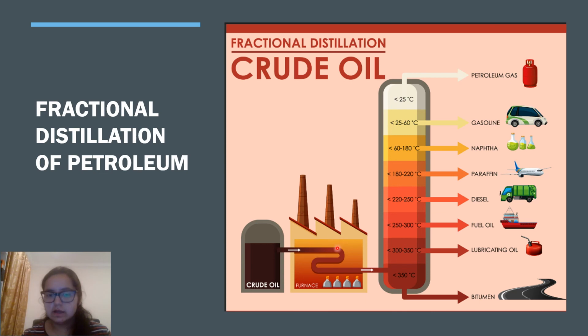Then next, gasoline, which has a greater boiling point than petroleum gas, leaves. This continues, and bitumen has the highest boiling point, so it leaves the fractionating column at the end. As you can see, it reaches up to 350 degrees Celsius.